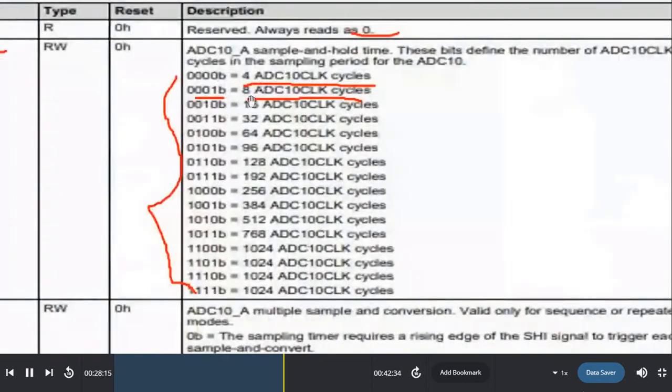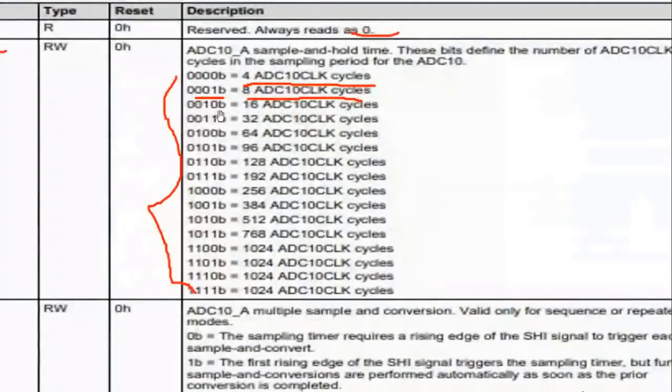If it is 0001, 8 ADC clock cycles. 0010, 16 clock cycles. 0011B, 32 clock cycles. 0100, 64 clock cycles. 0101, 96 clock cycles. 0110, 128 clock cycles. 0111, 192 clock cycles. 1000, 256 clock cycles. 1001, 384 clock cycles. 1010, 512 clock cycles. 1011, 768 clock cycles. 1100, 1024 clock cycles. 1101, 1110, 1111 all are 1024 cycles.